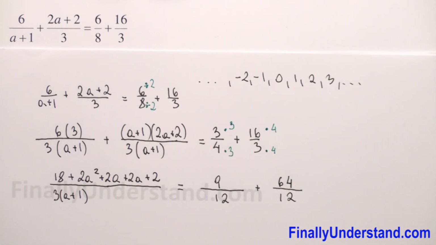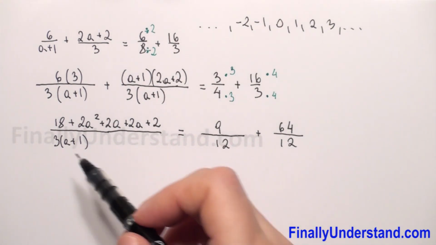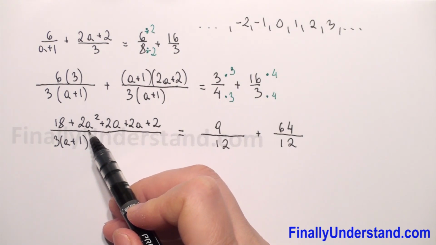So now we can add fractions on the right side, and we can combine the like terms in our numerator on the left side. So let's start from the highest power.